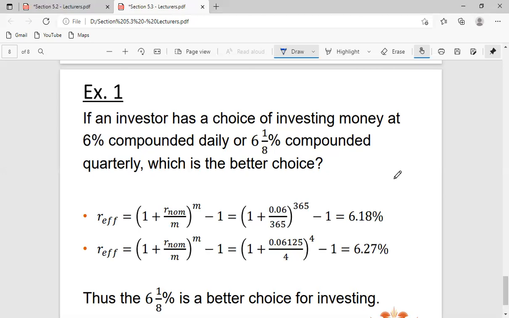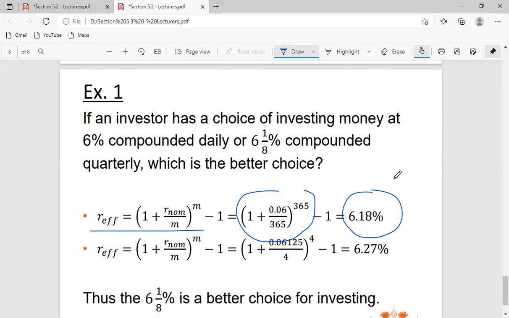So if we convert 6%, we are using that first formula in our set of formulas above, and we are trying to convert 6% now to effective interest. So if you substitute the nominal interest of 6%, and it's compounded daily, so my M is 365, minus 1, then you get a rate of 6.18%.